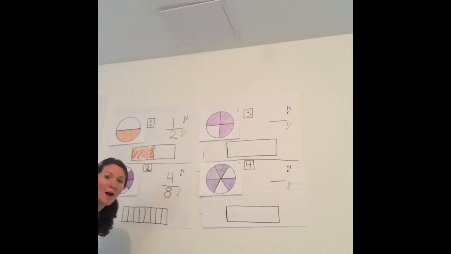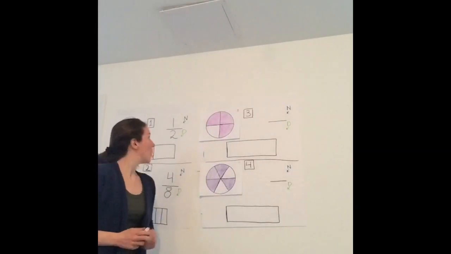So I have one whole that was divided into 8 equal parts. 1, 2, 3, 4, 5, 6, 7, 8. And I'm going to color in 4/8. 1, 2, 3, 4.